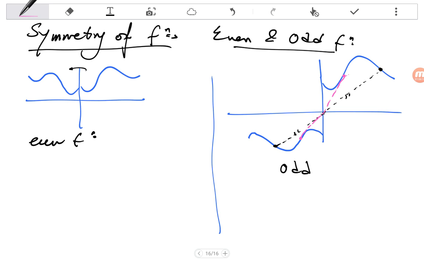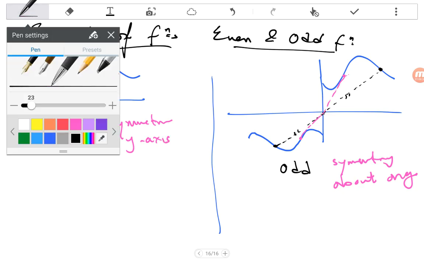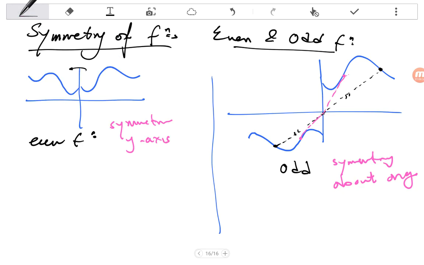Okay? This is called an odd function, which you call symmetric about the origin. And this is symmetric about the y-axis. Now, for the odd function, we may see it as two reflections.